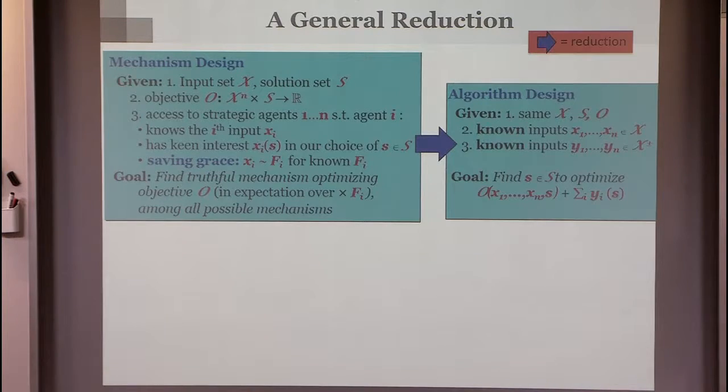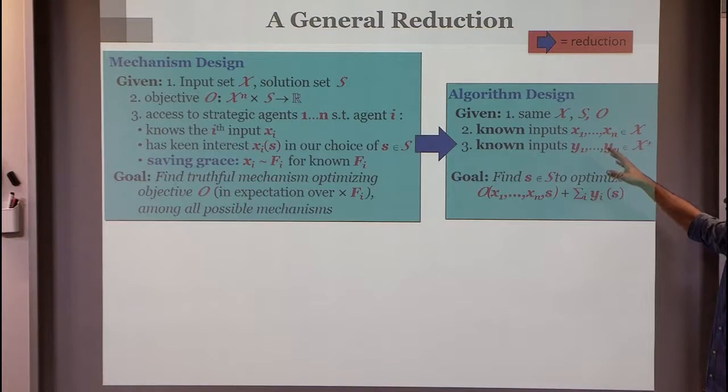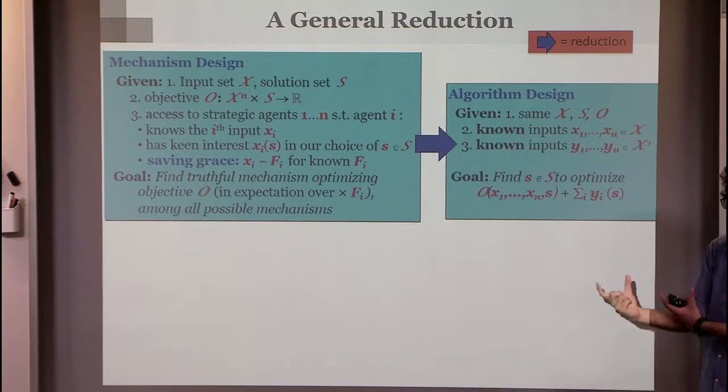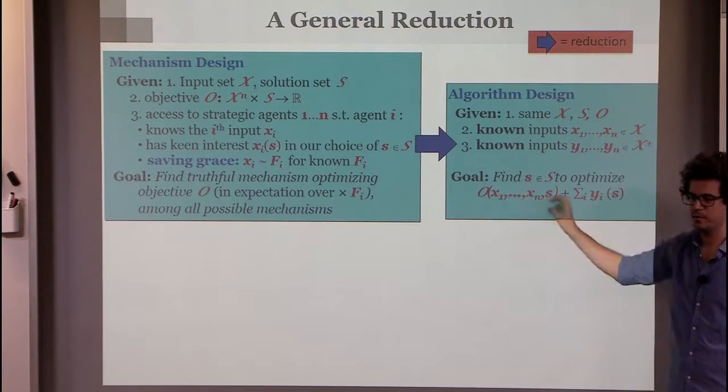So what exactly is the difference between xi and yi? Forget about what I've talked about and just look at this problem. This is a well-defined problem. It says I give you two tuples. It's just a function that takes 2n inputs instead of just n inputs. And the objective is the original one plus welfare.